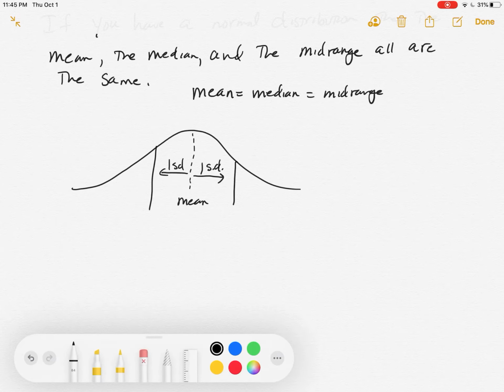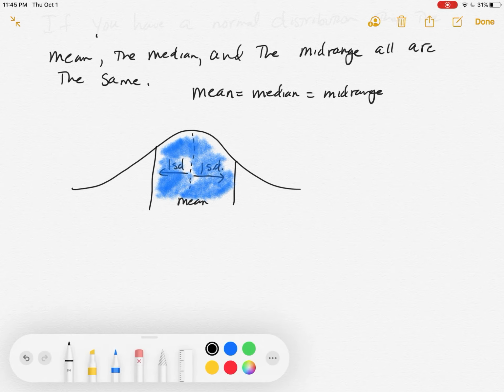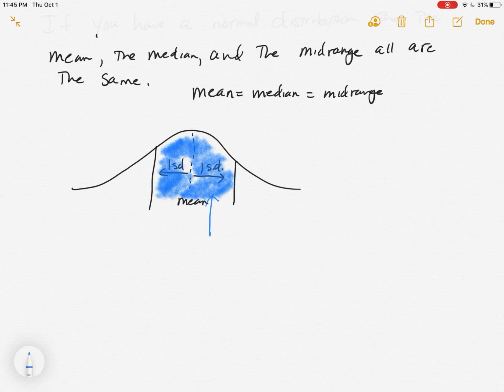I'm going to use a highlighter, and I'll highlight it in blue. This shaded area right here is data that's within one standard deviation of the mean. And if you're within one standard deviation of the mean, about 68% of the data lies in there.